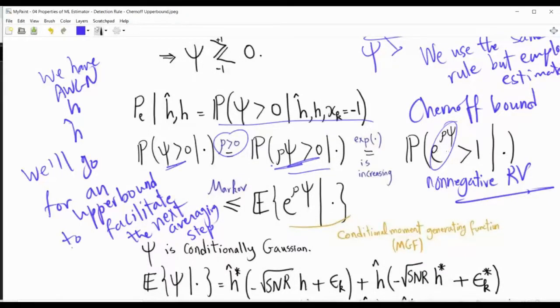This quantity is less than or equal to the expectation of the non-negative random variable divided by this quantity here, which is just 1. So this is the upper bound.